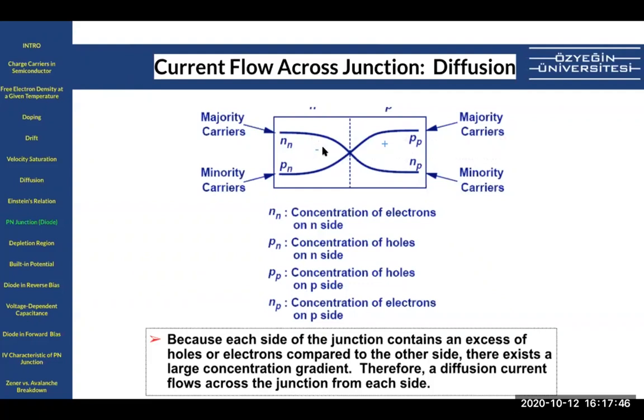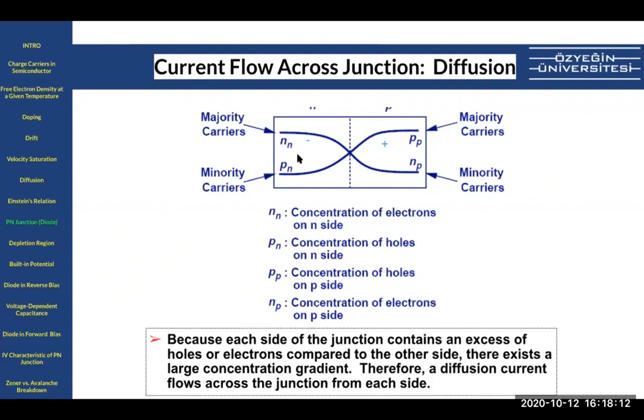And when you look at the characteristics of the p-n junction, you'll see that there are minority carriers, which we studied in the previous slides. So what does minority carriers mean? When there are majority carriers holes at the right side, as you also did in your quiz, there will be much less minority carriers present, and vice versa.